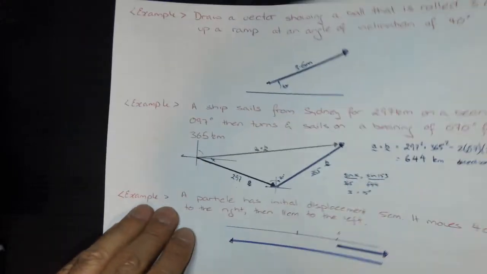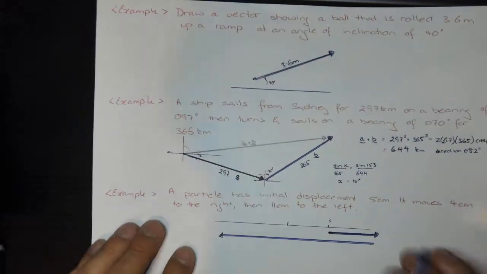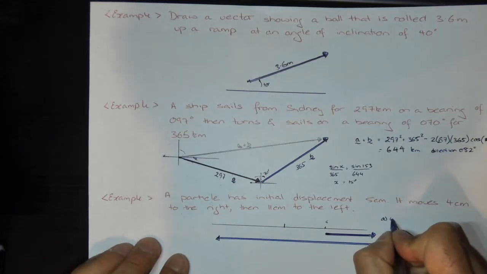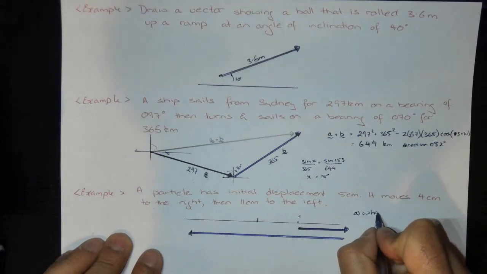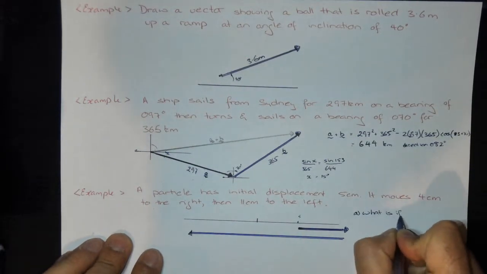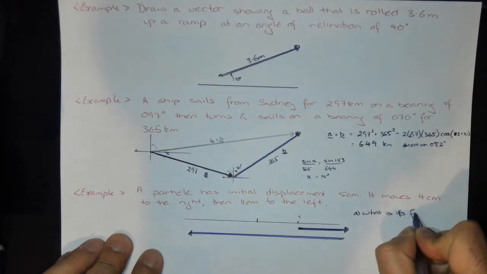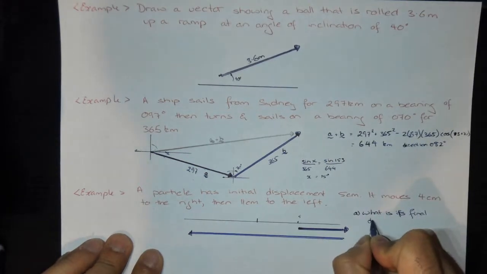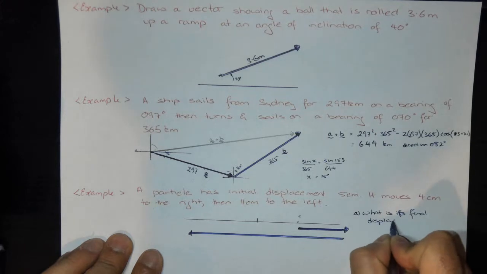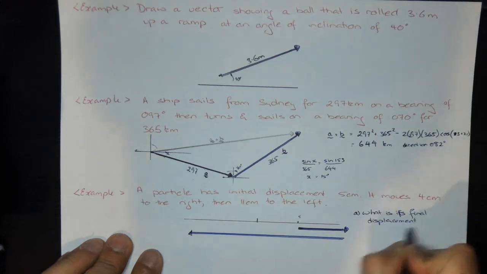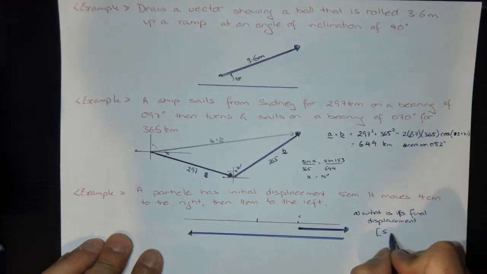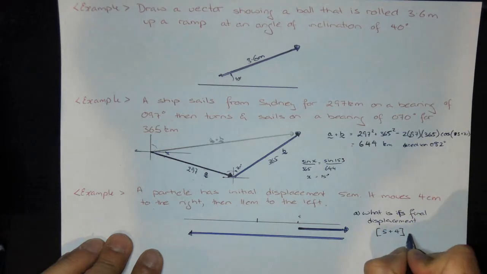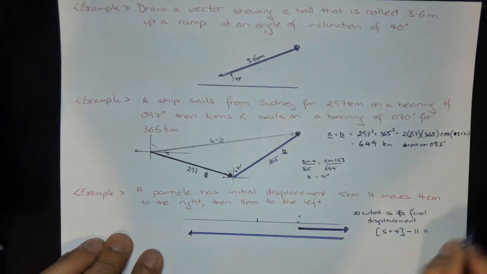I could ask myself, what is its final displacement? If I think of that, I started 5 units to the right, I then moved 4 units, and then I went back 11 units.